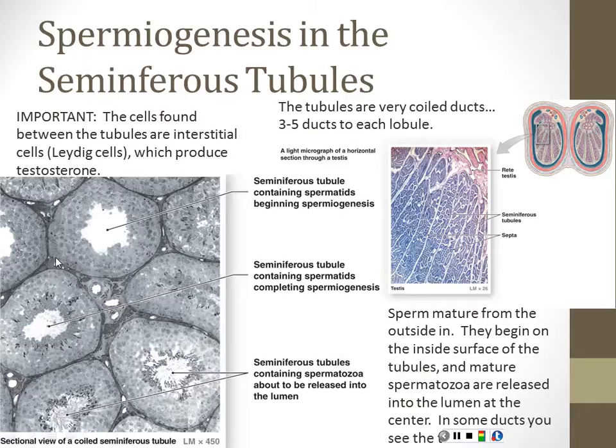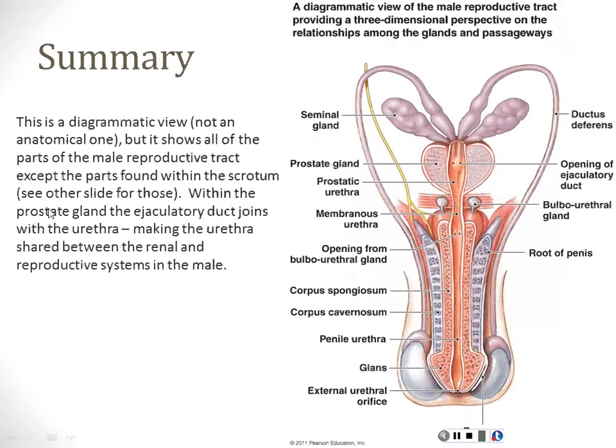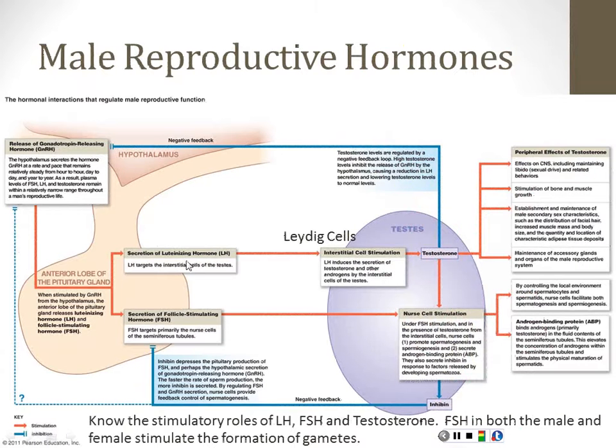They're the cells that produce testosterone. They're also called Leydig cells, but their modern name is interstitial cells. So the testis is the principal source of testosterone in the male. That testosterone comes from these cells right here, and that testosterone production is stimulated by luteinizing hormone.